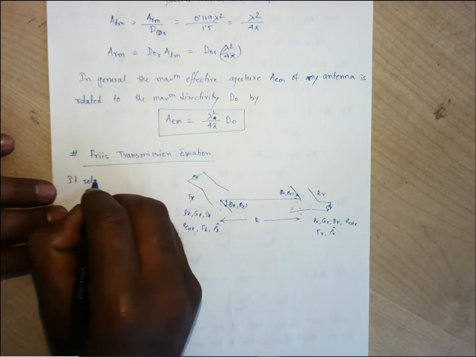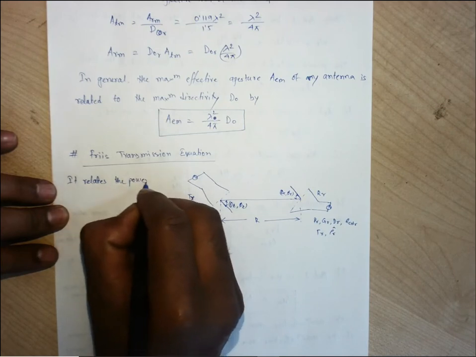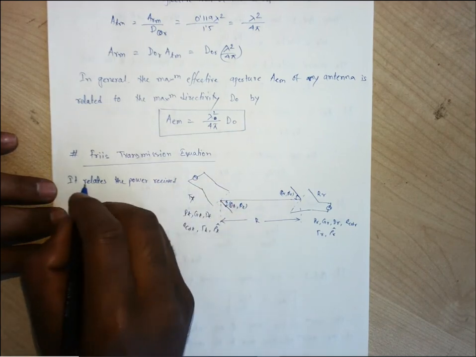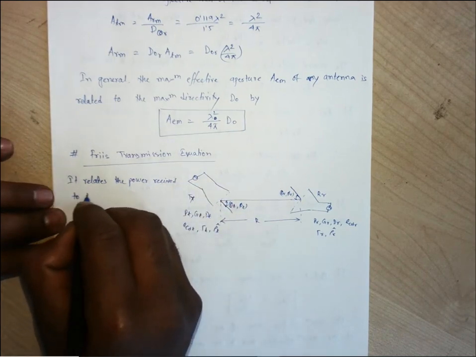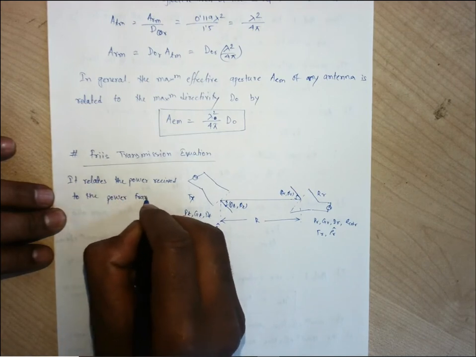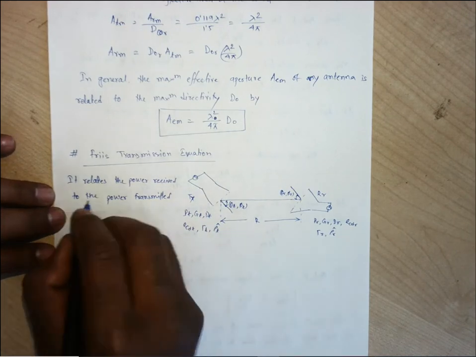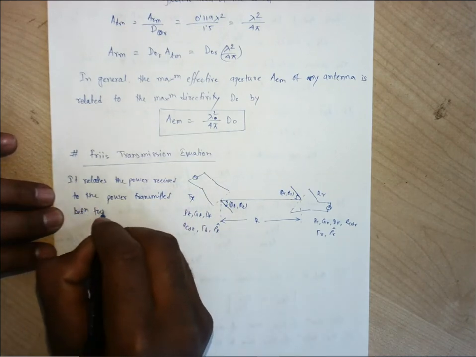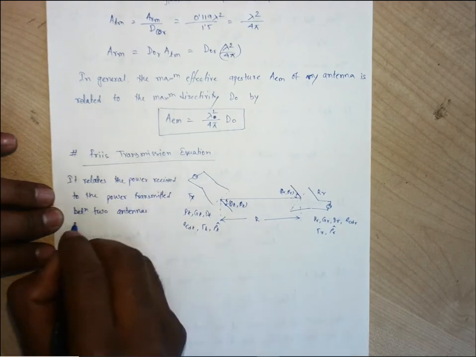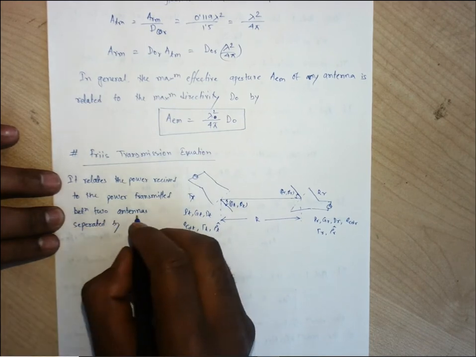It relates the power received to the power transmitted between two antennas separated by a distance.